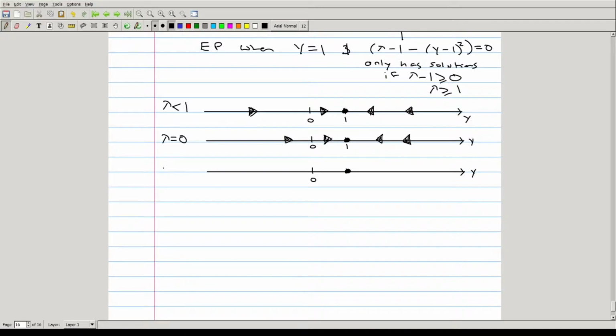But the interesting thing about the pitchfork bifurcation is that when lambda is greater than 1, you go from having one stable critical value to having three critical values.